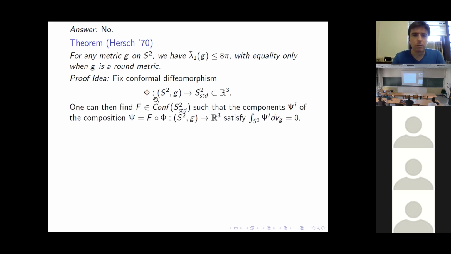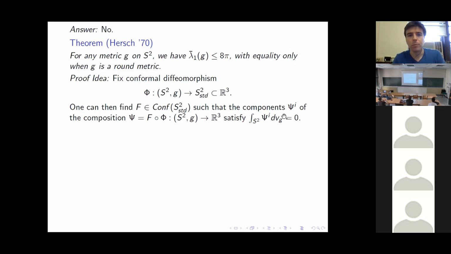In particular, we can always post-compose the given diffeomorphism with some conformal automorphism of the standard 2-sphere, and that's a large group, such that the components of the new map, still a conformal diffeomorphism, satisfy this balancing condition: these 3 scalar functions all have 0 average with respect to our given metric.